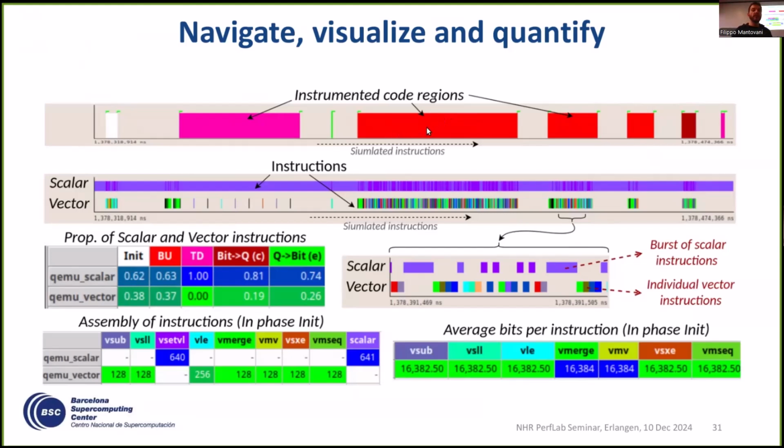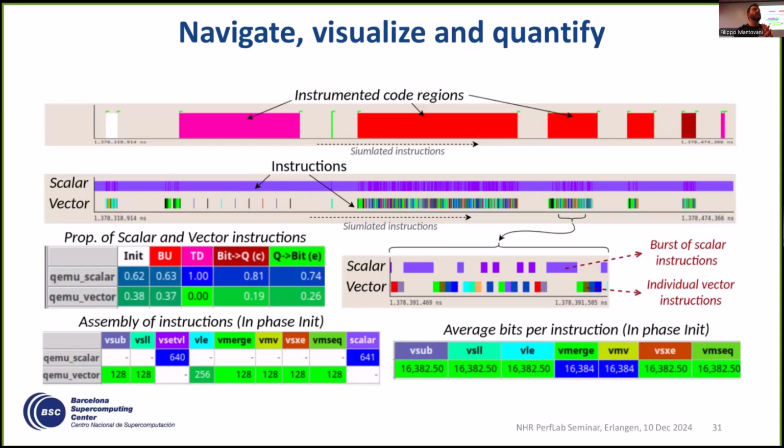Then in these regions, you can understand where the scalar and the vector instructions are executed. So here we are able to emulate the vector instructions, and you get colors where you have vector instructions. Okay? Colors mean which kind of instruction. So you not only know how many, but you can also know which type of vector instruction, and also which vector length these instructions are using.